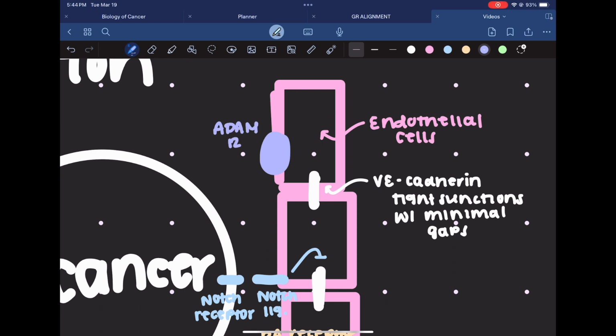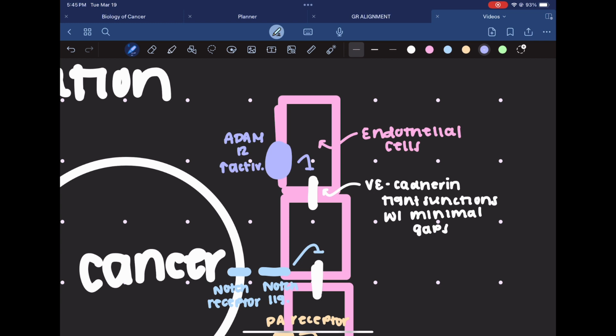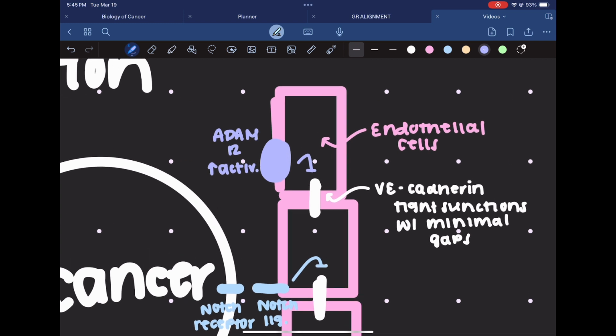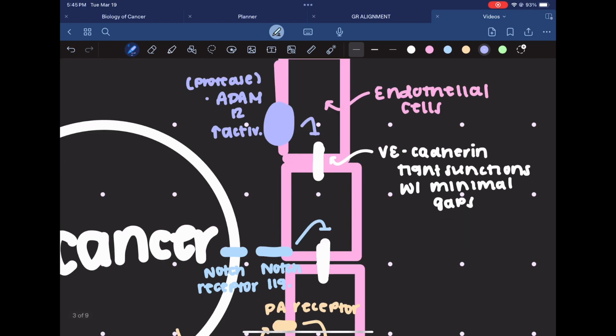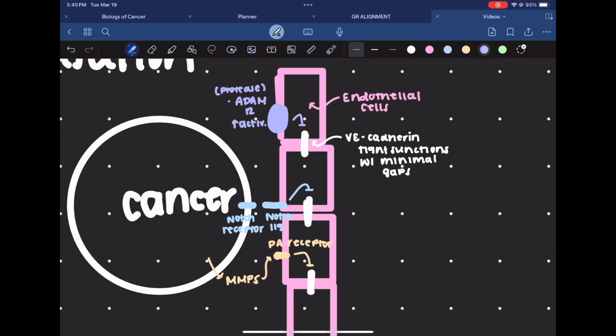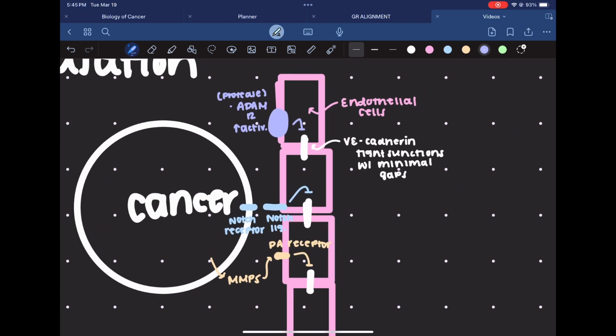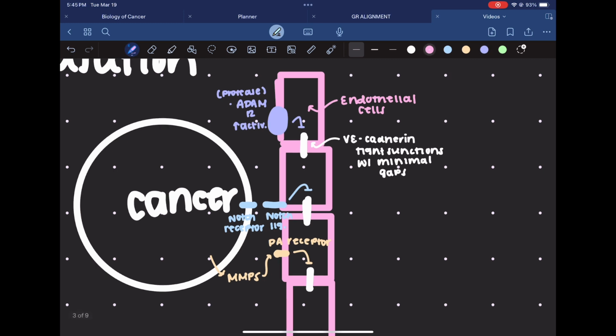And we have increased activity of this atom 12 molecule, which is also going to be inhibiting this VE cadherin. And atom 12 in particular is a protease. I'm not going to go into detail on how atom 12 activity is increased, but just know that it is, and that these are 3 methods by which we are trying to kind of get rid of and inhibit VE cadherin.